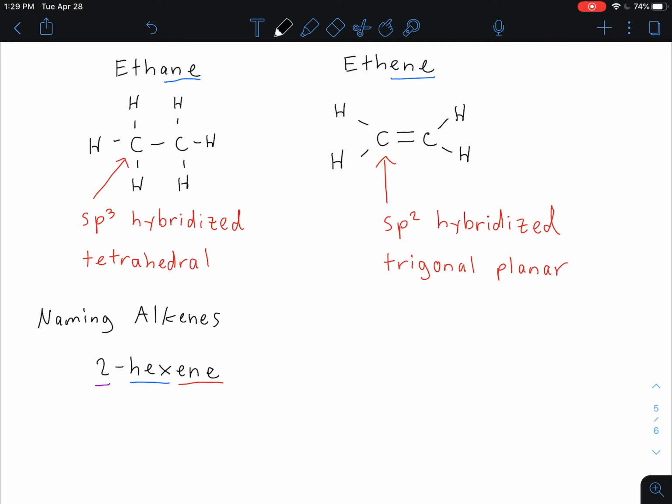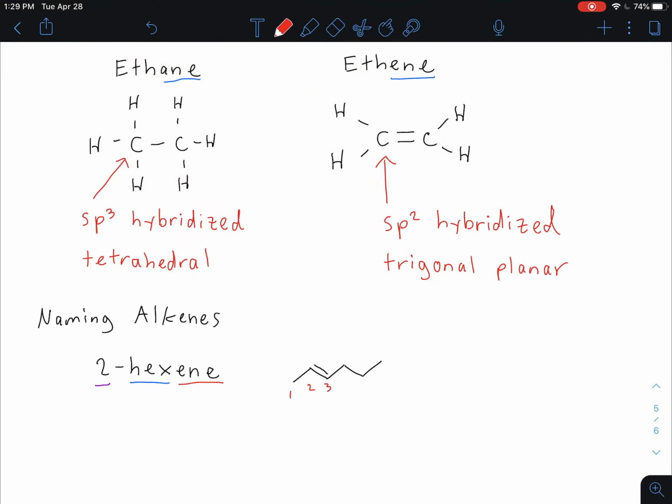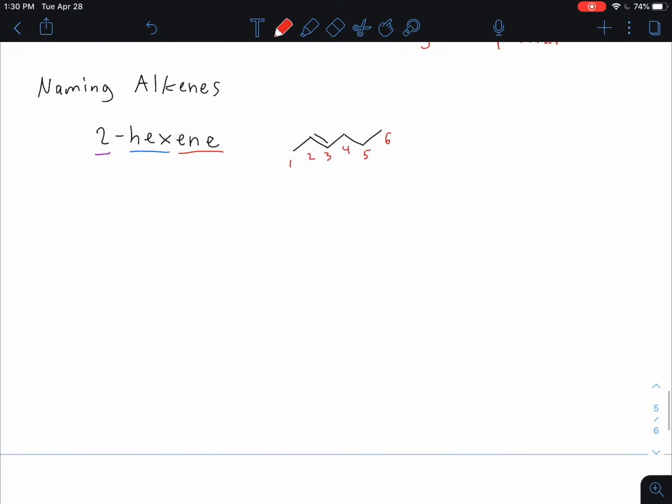So we can still draw this exactly like we would an alkane chain in line angle notation. So I can just draw 6 carbons in a row, 1, 2, 3, 4, 5, 6, but now it's telling me between carbon 2 and carbon 3, I need a double bond. So whatever number precedes the hexene tells me the lower numbered carbon that's going to be participating in the double bond. So 2-hexene is telling me that it's between carbon 2 and carbon 3.